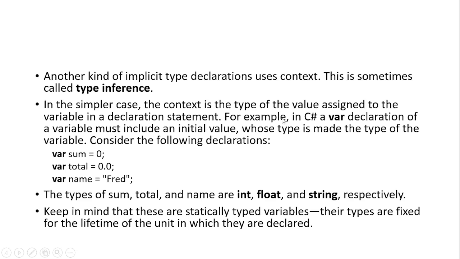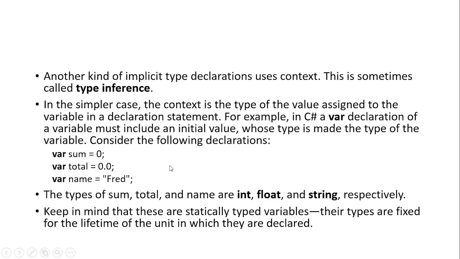For example, in C#, a var declaration of a variable must include an initial value, whose type is made the type of the variable. The keyword var is used to define a variable, and the type of the initial value will determine the type of the variable.